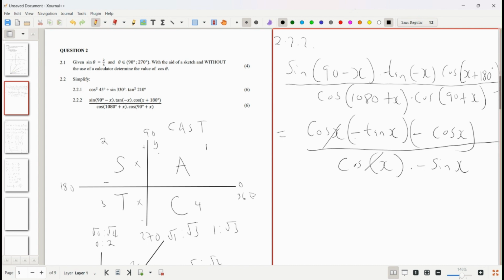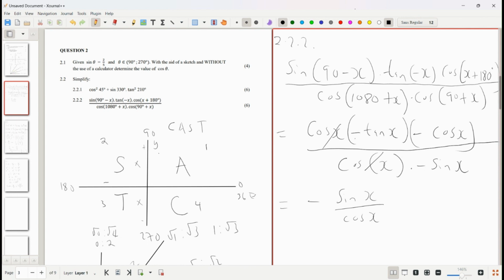We know that tan x can be written as sine x divided by cos x, right? And then what do we have here?